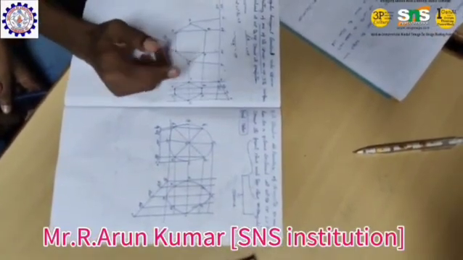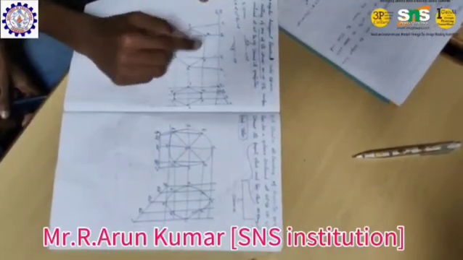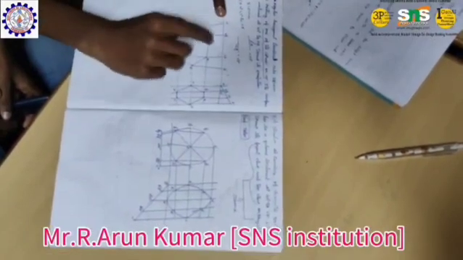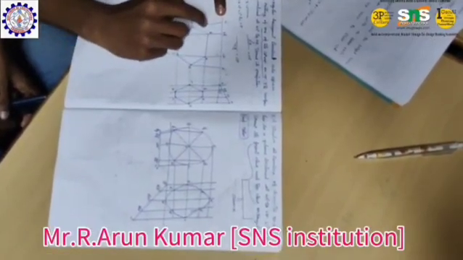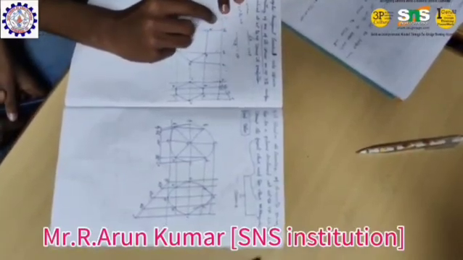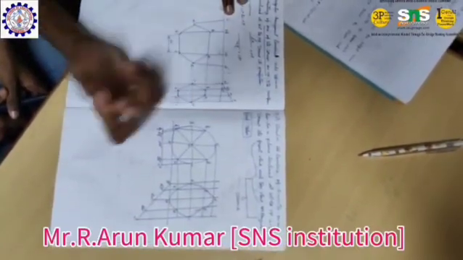And then I named the sides of the hexagon as A, B, C, D, and I marked this as the object line and this as the position line. Due to the position line, I marked the names as A dash, B dash, F dash, C dash, E dash, and D dash.